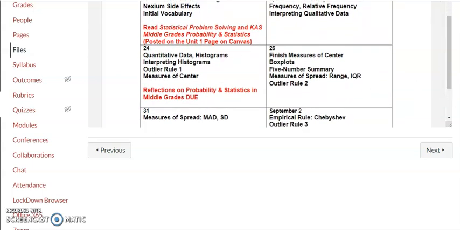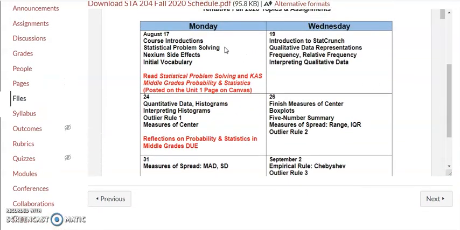On the schedule of topics and assignments, I have the day, what we're going to be covering each day, plus what's due and when it's due. But I'll be posting that in several places in the class.